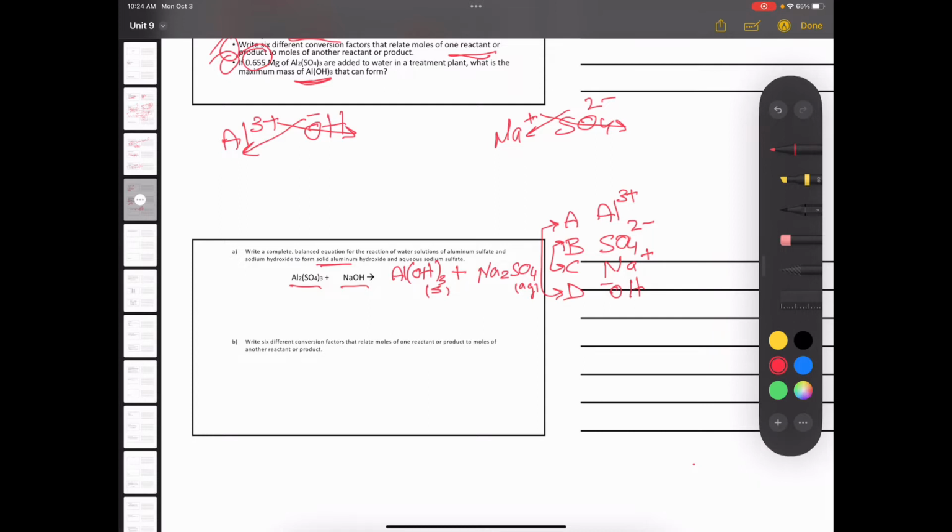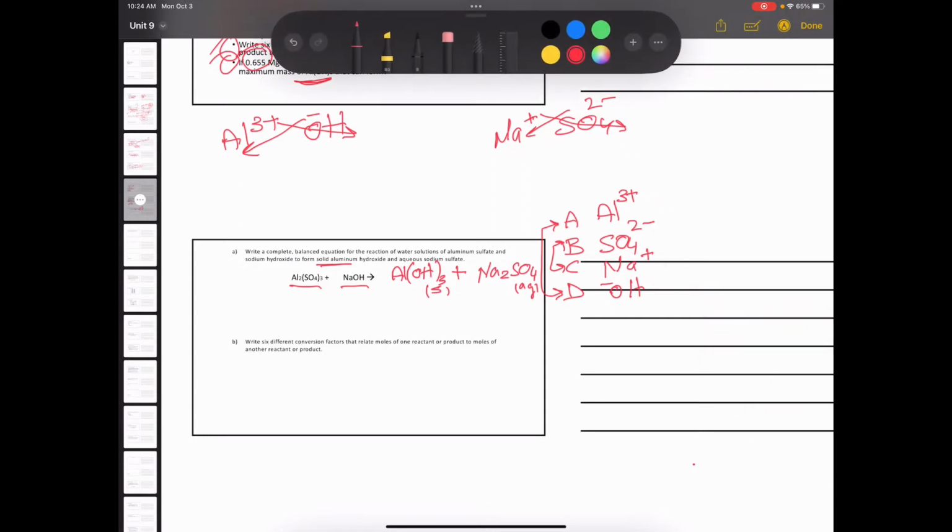But guess what? This is not balanced because if I look here, if I look at every one of those, I notice that the aluminum is not balanced. Pretty much all of them, they're not balanced. If I look at the aluminum, for example, I have 2 in my reactants and 1 in my products, correct? Right here.